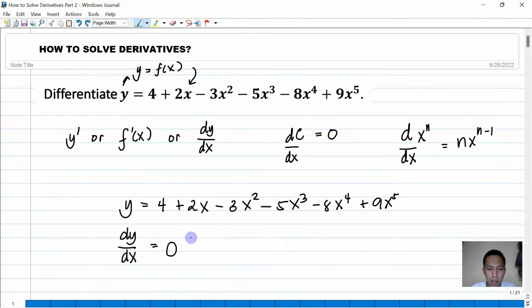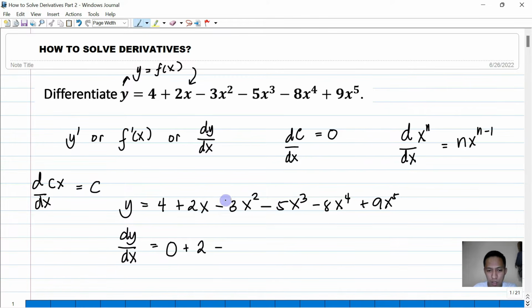And we have here 2x. So basically guys, yung derivative ng 2x with respect to x is just 2. So another property that if you have a coefficient and a variable, yung derivative niya with respect to x is just the constant. Okay, so we have this property. So yung derivative ng 2x with respect to x is just 2.